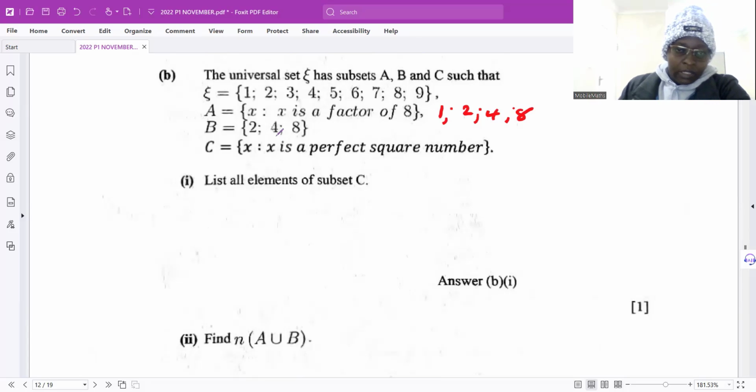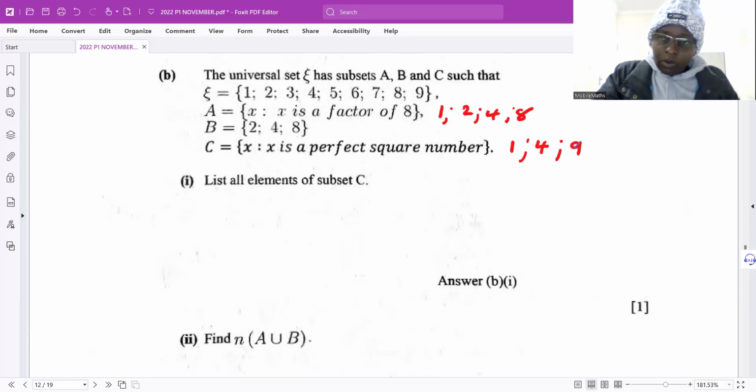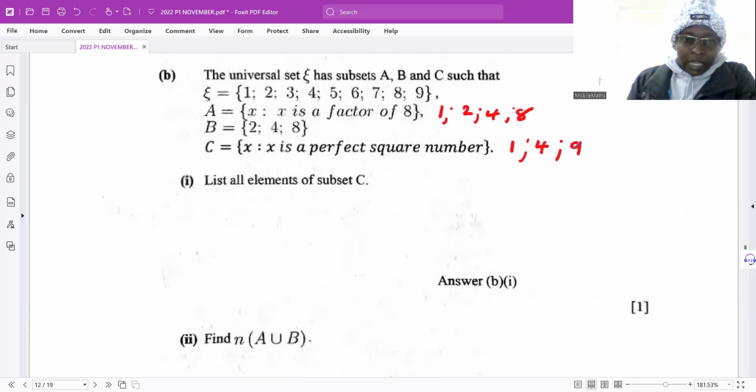Perfect square numbers, we have 1, we have 4, and we have what? We have 9, okay? Fine. So we have written all the numbers that we can have there. Now, let's list the elements of C. We have already listed it: 1, 4, and 9, okay?